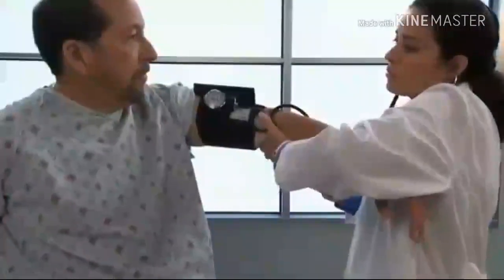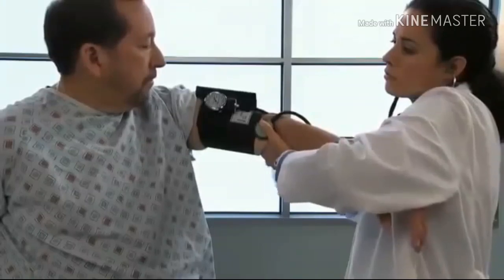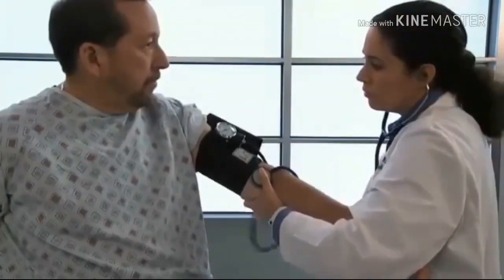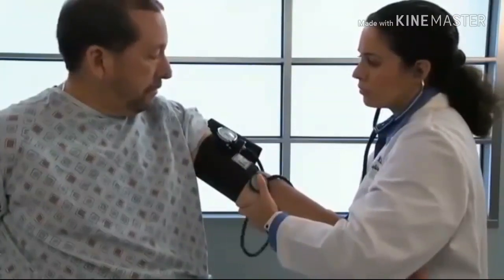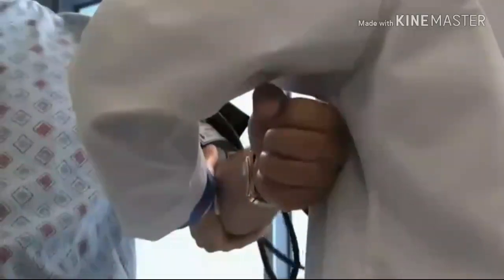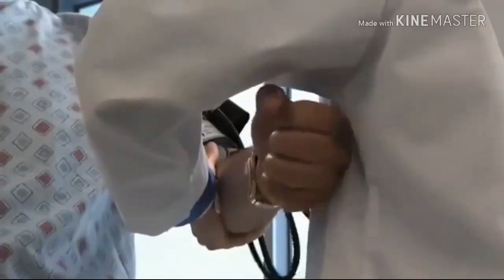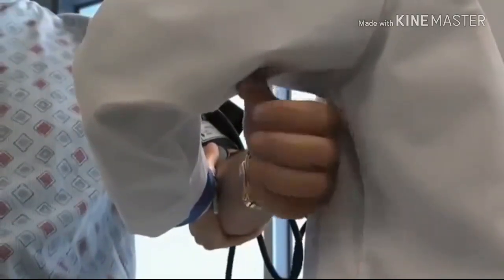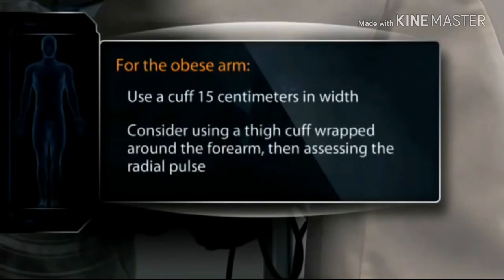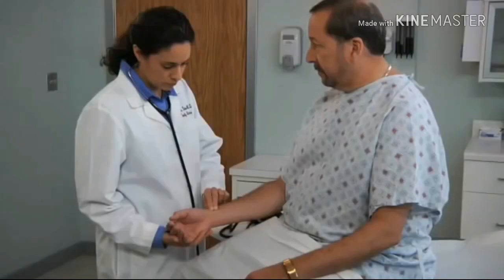To intensify Korotkoff sounds, try raising the patient's arm before and while you inflate the cuff, then lower the arm and determine blood pressure. Or inflate the cuff and ask the patient to make a fist several times, and then determine the blood pressure. For the obese arm, use a cuff 15 centimeters in width, or consider using a thigh cuff wrapped around the forearm, then assessing the radial pulse.